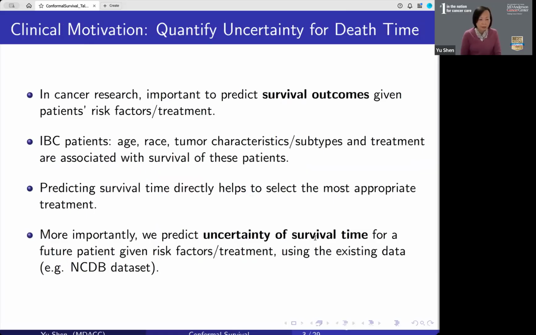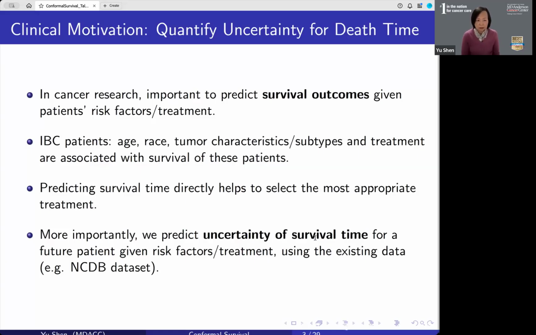Currently, for most of my methodology work, we do have clinical motivation. I have been at MD Anderson for 30 years, so I do a lot of collaboration with oncologists, in breast cancer and also urology.